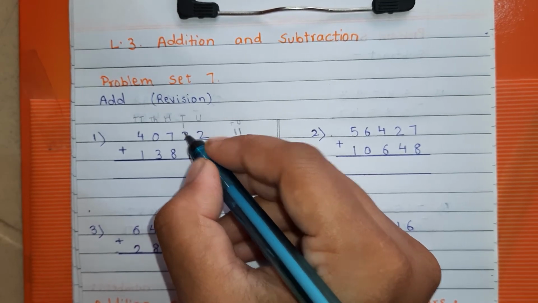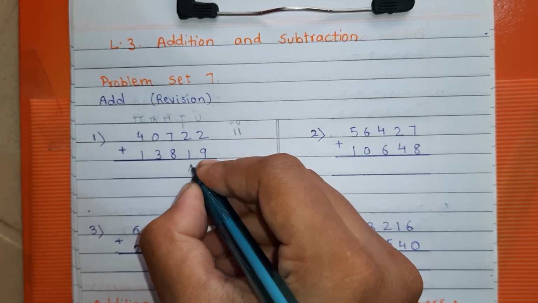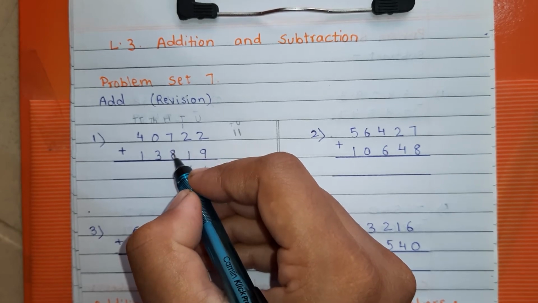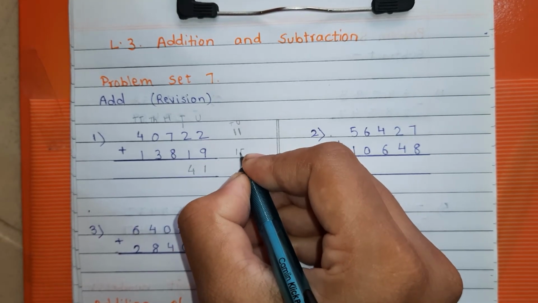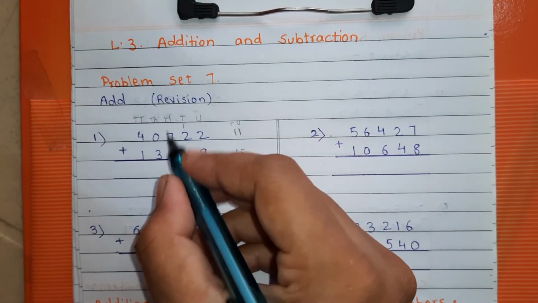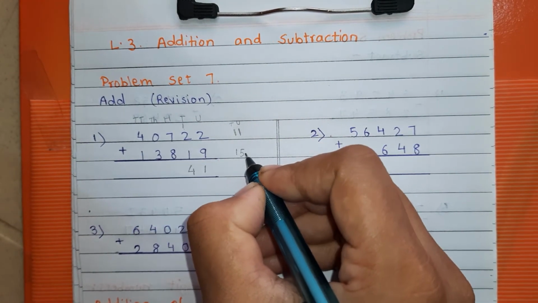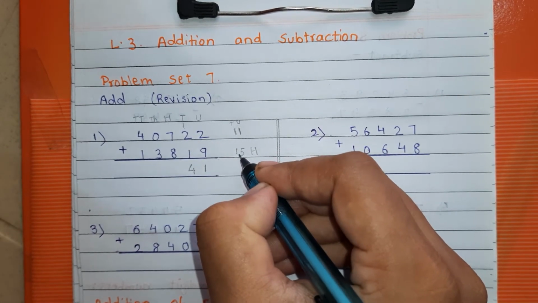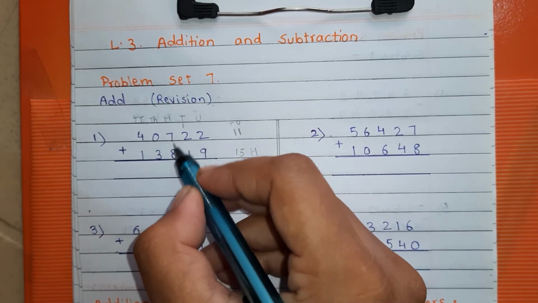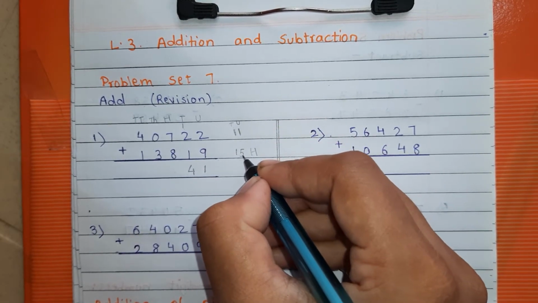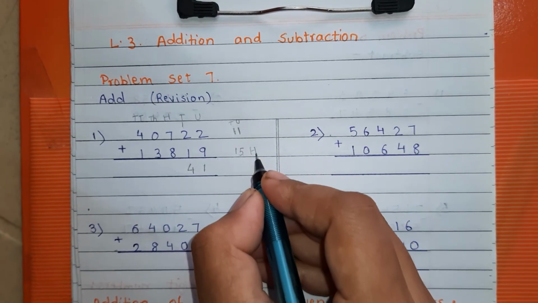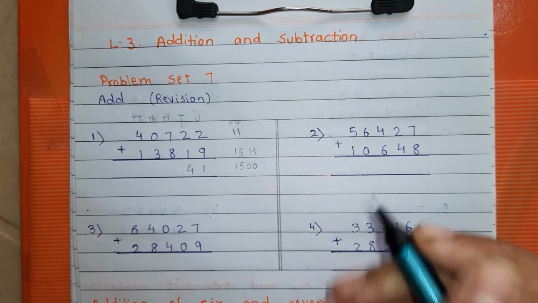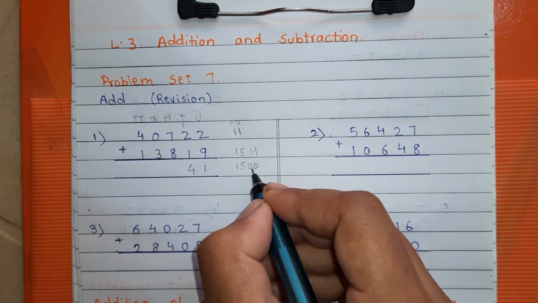Now add the tens place. 2 plus 1, 3, plus 1, 4. So here it will come 4. Now the hundreds place. 7 plus 8 how much? 15. In the hundreds place we have got 15. Again, in a single place we can write only a single digit. 15 hundreds means 1500, a 4-digit number.